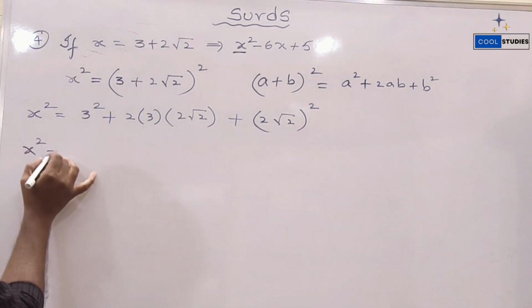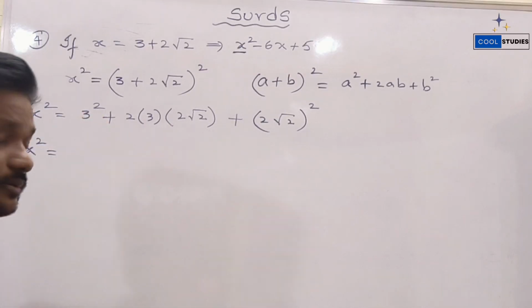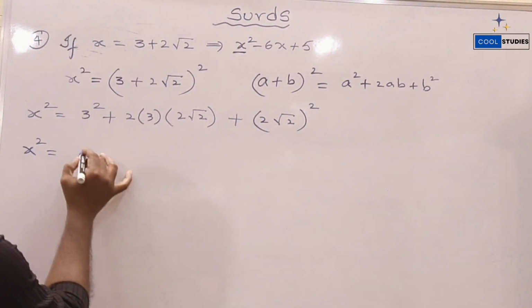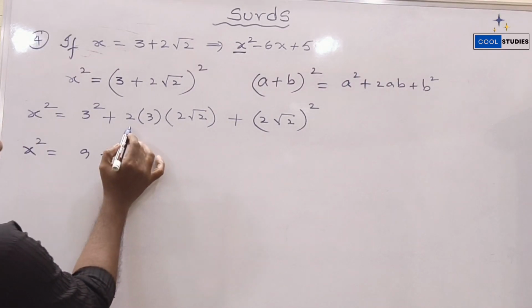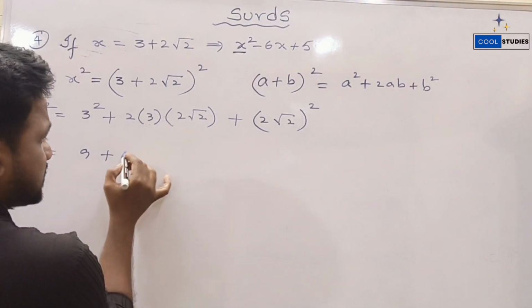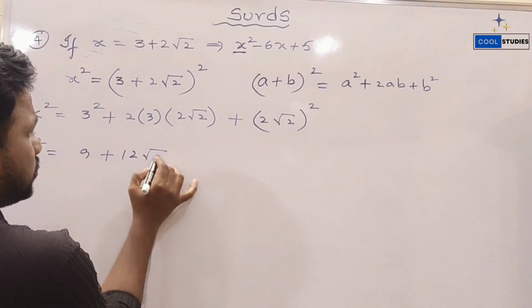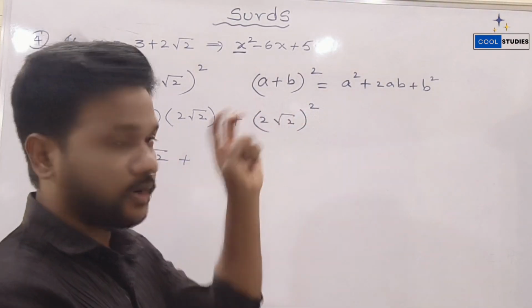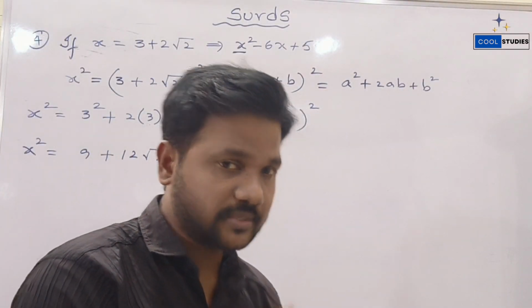x square is equal to 3 square. 3 into 3, 3 threes are 9, plus 2 into 3 is 6, 6 twos are 12 root 2, plus 2 square value is 4. 2 square value is 4.